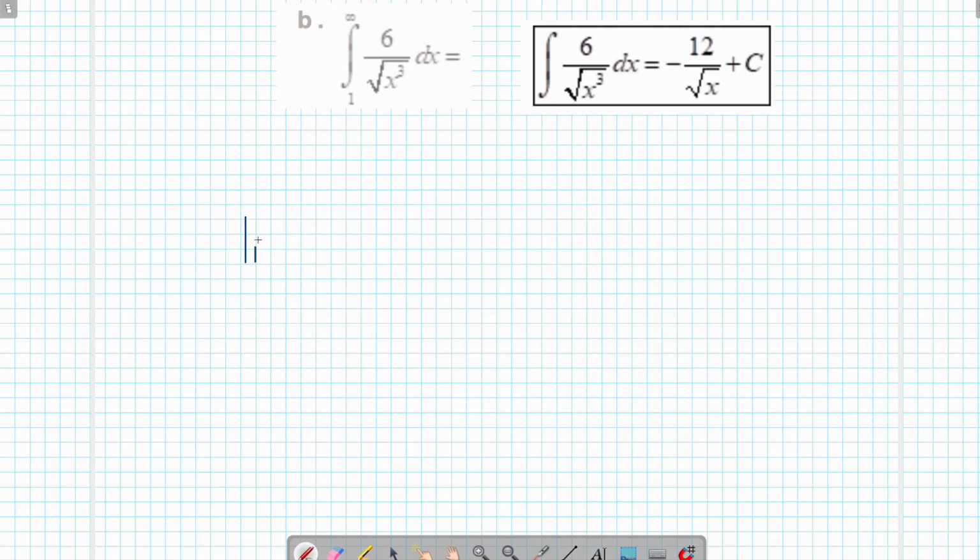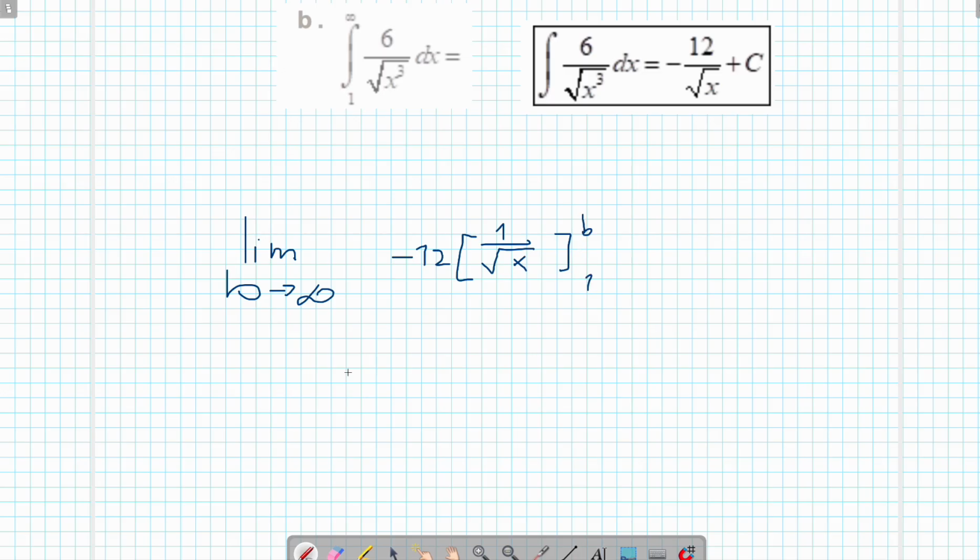Limit as b goes to infinity. So we're gonna do negative 12 into 1 over radical x from 1 to b.